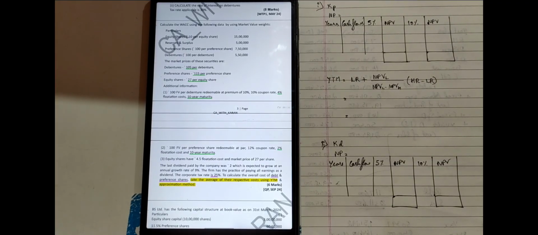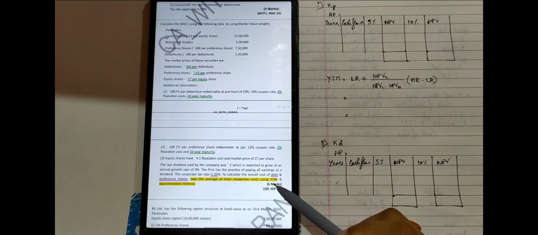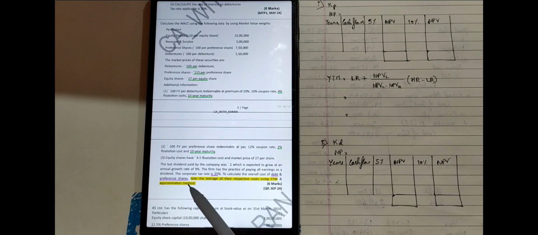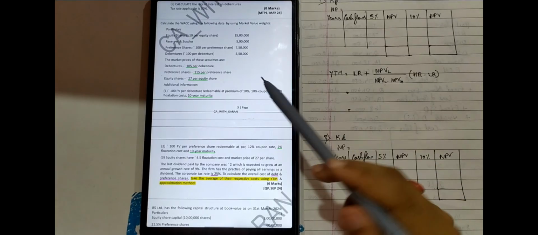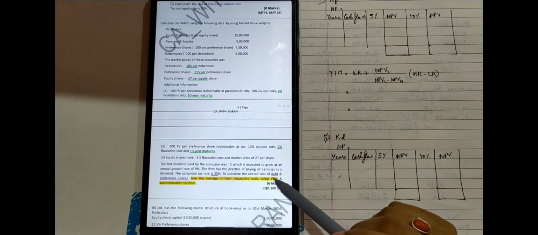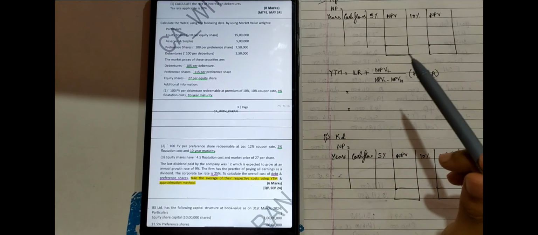So guys, what they have asked in this question, they said that take the average of the respective cost using YTM and approximation method, and it is only for debt and preference share. So what is left? It is equity we're going to calculate normally, but only for debt, means for KD and KP we're going to use both the methods, and we're going to take the average of it.